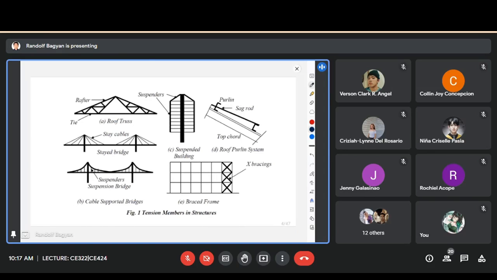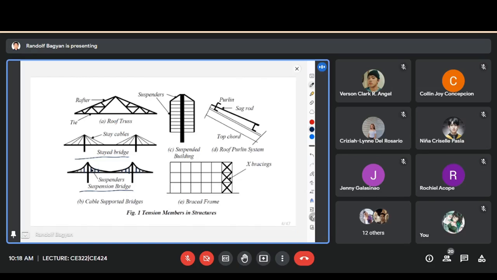So they are especially used in cable stayed bridges, and of course in suspension bridges. These parts here, the suspension, hold the weight of the bridge. So these members are in tension, guys.